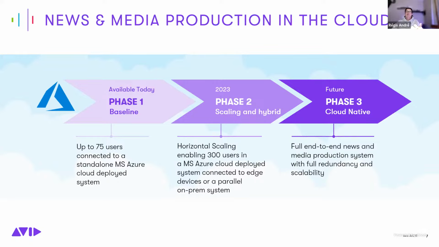At Avid, we decided to deliver it in a way that ensures that our customers have a secure, redundant, and scalable solution. So in phase one, we did a simple lift and shift. This allowed us to learn what works, what does not work, or perform well in a full cloud environment. And we took these lessons to create phase two and phase three. Phase two is being finalized as we speak right now.